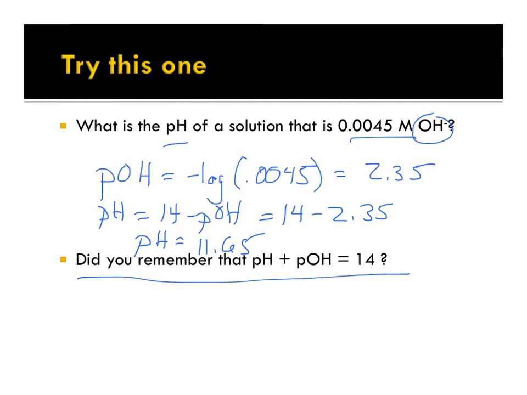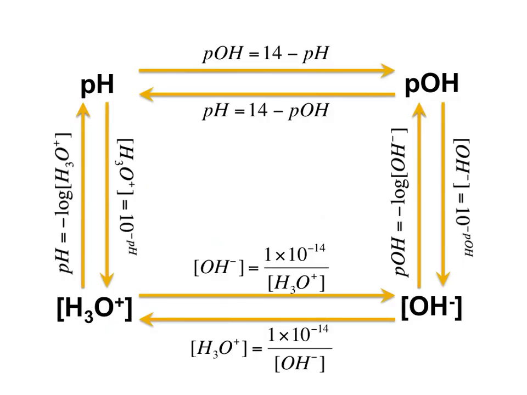So we remember that the pH plus pOH is 14. All right, so this diagram might look a little confusing, but it's actually pretty helpful for you. I'm starting with pH, and I want my H3O plus concentration, my hydronium concentration. So I just follow the path from pH down to H3O plus, and I see that I need to use 10 to the negative pH.